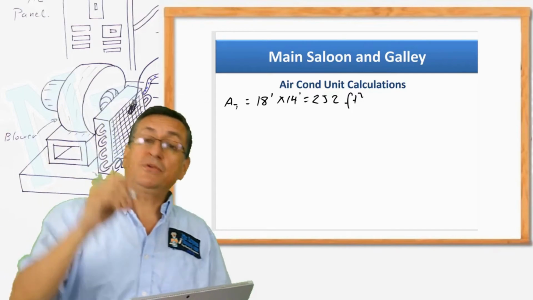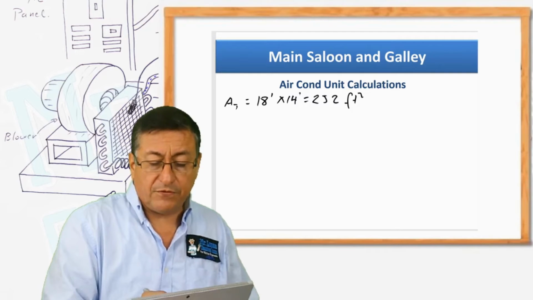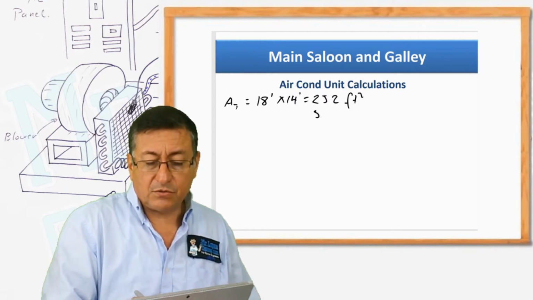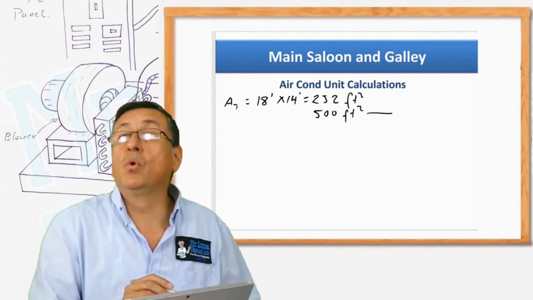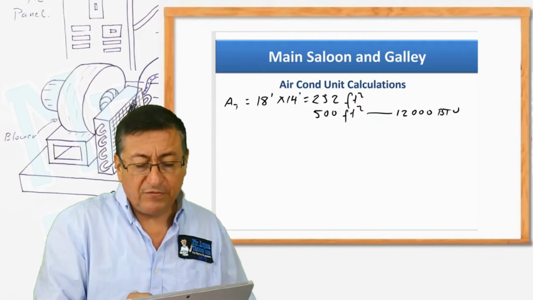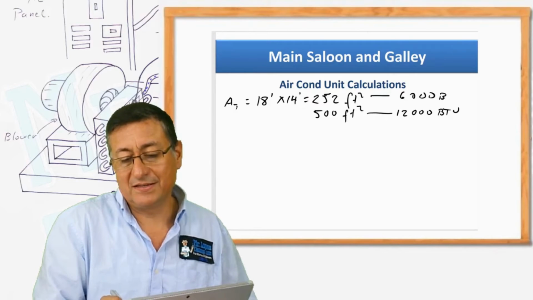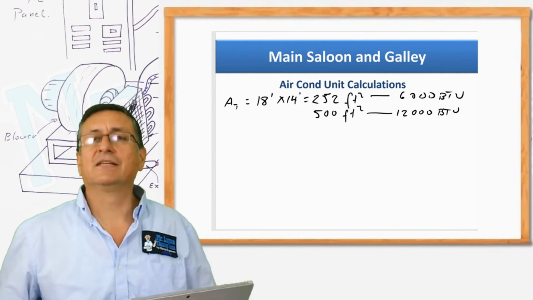You remember the equation that we used before? We said that 500 square feet is equivalent to 12,000 BTUs. How much is 252? 252 is about half, approximately 6,000.